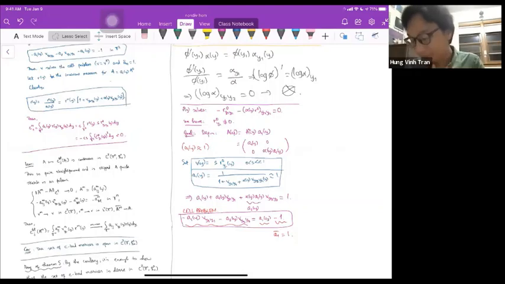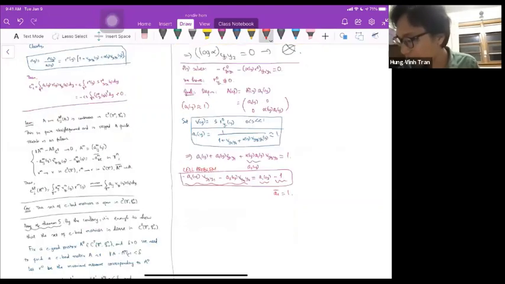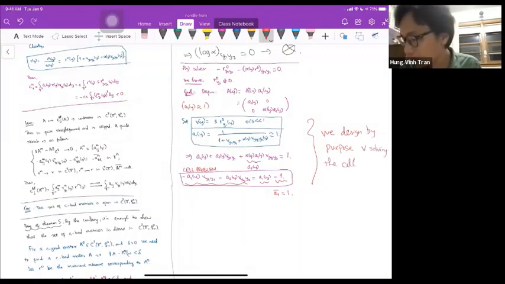Now, the cell problem is nice, and I can get a hand onto it, right? By designing it on purpose, we solve the cell problem with a1 of y, and then a bar 1 is just 1.